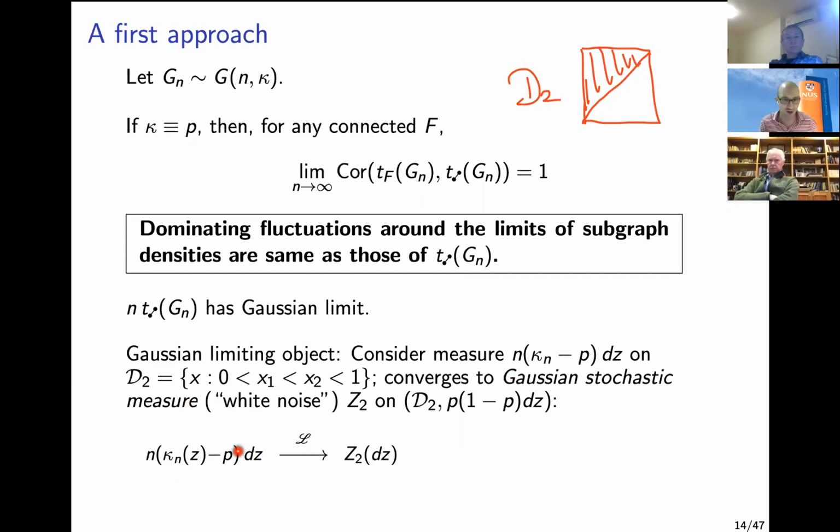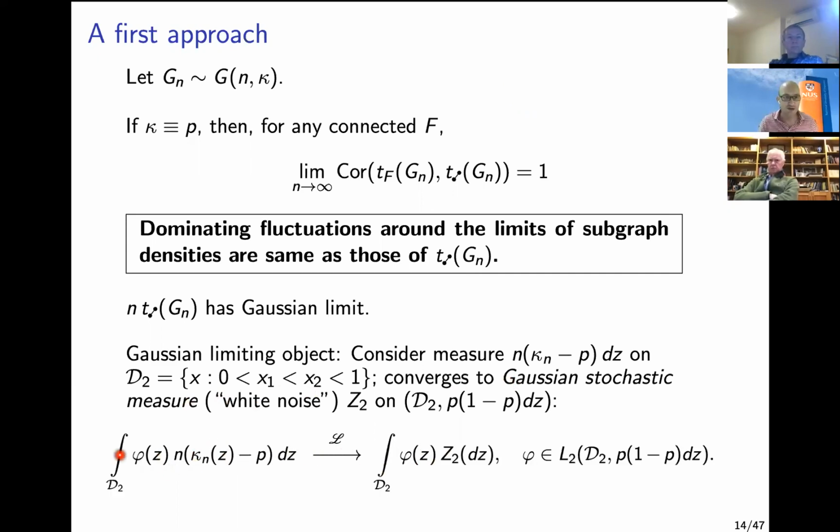To show this, what we need to show is that when we integrate a test function against this measure, it converges to the integral when we integrate the same test function against this white noise. And the right-hand side has a normal distribution. That's the result that we get.